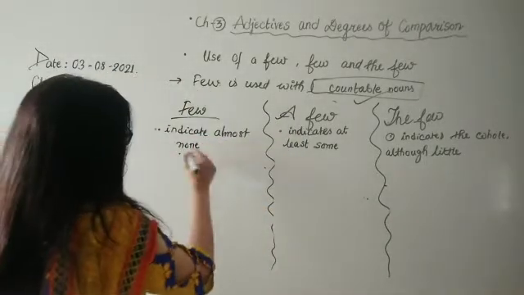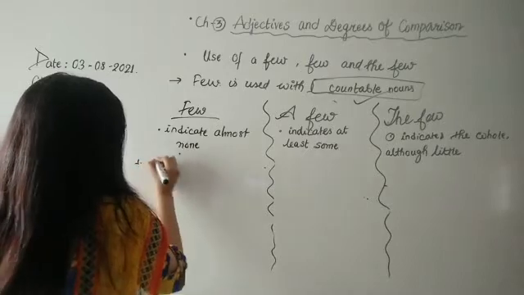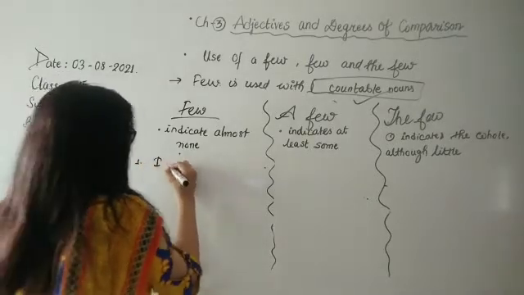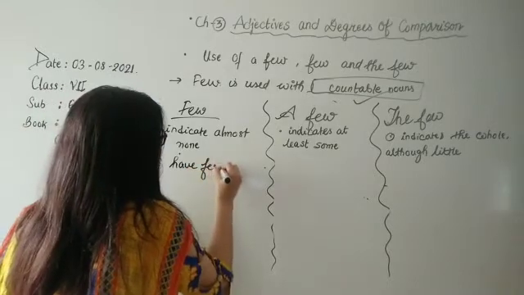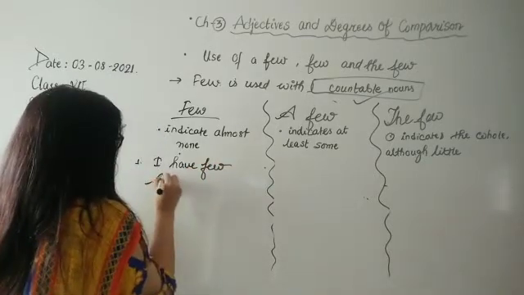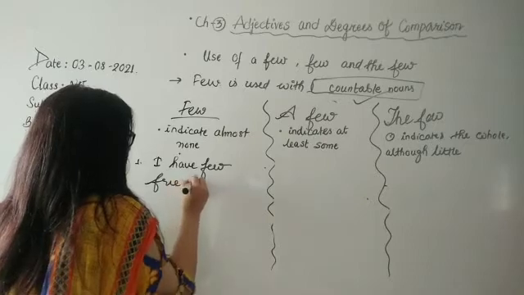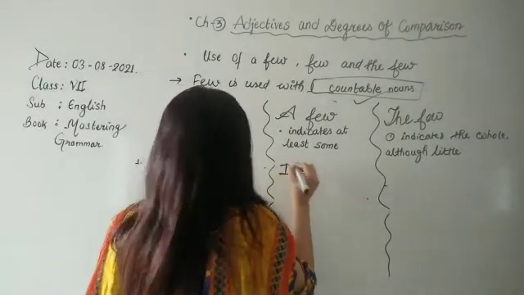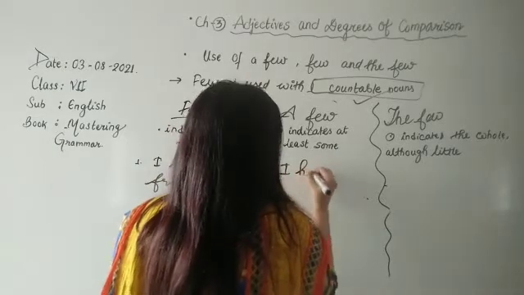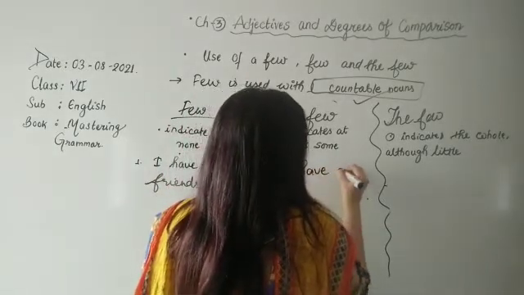Few means almost none. Okay, I have few friends means almost no friends. I have no friends. Okay, I have few friends. If I say, how does the meaning change with the addition of a? I have a few friends.